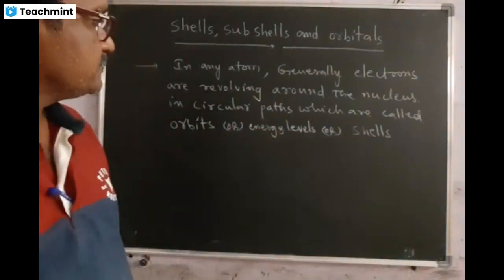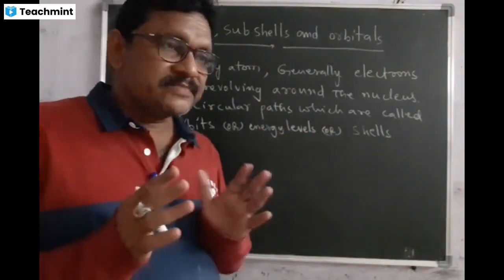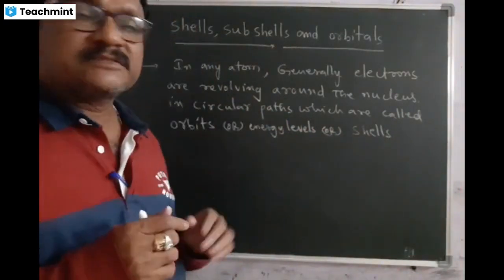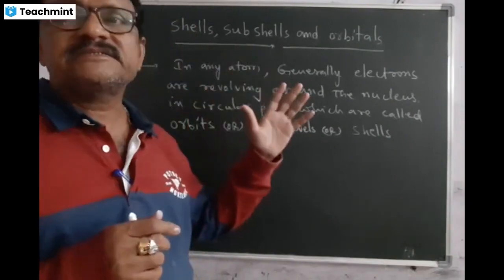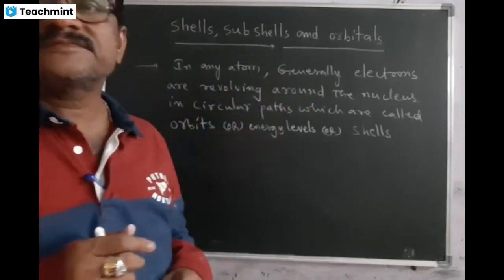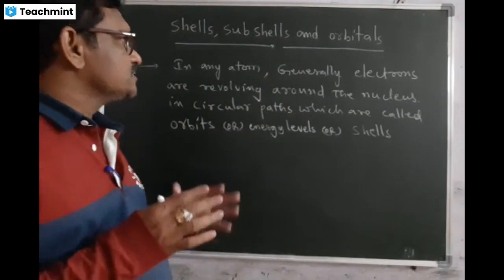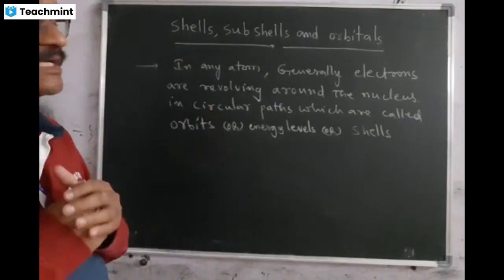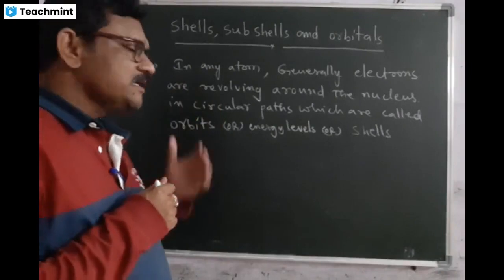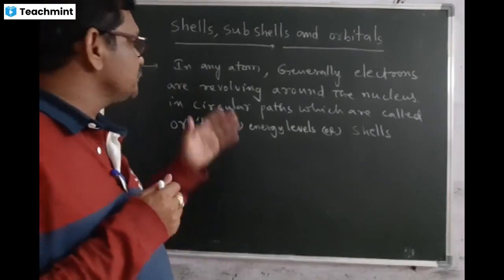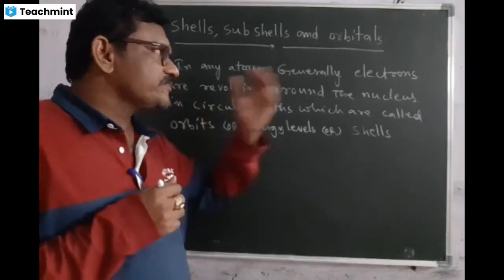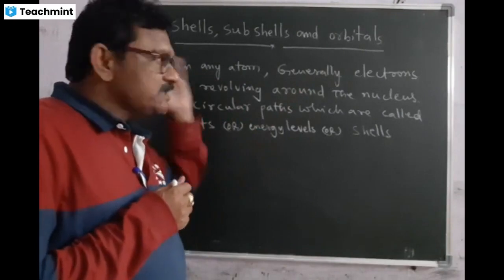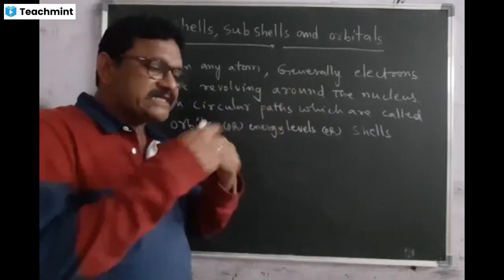So listen carefully. Our topic is cells, subcells, and orbitals. Before going to understand this concept, as a chemistry student, you know this. In any atom, electrons are revolving around the nucleus in a circular path.